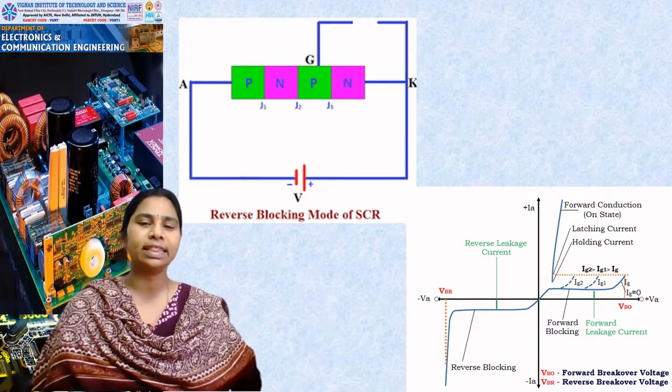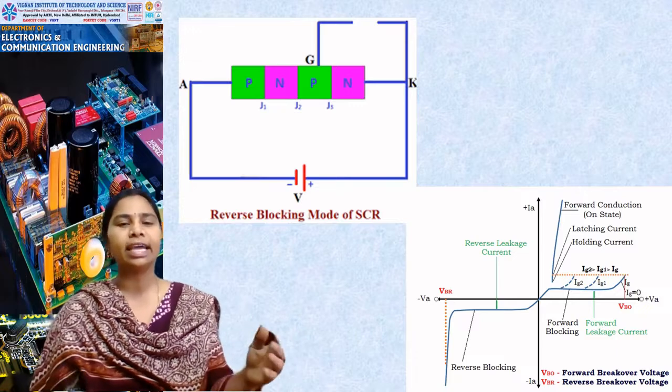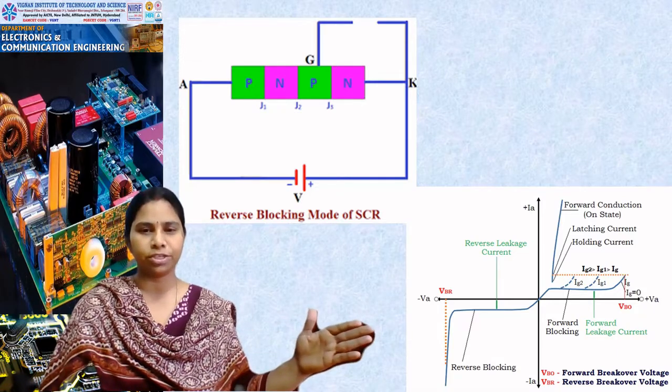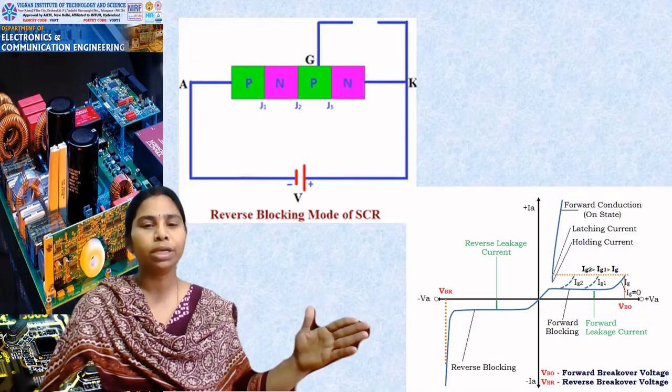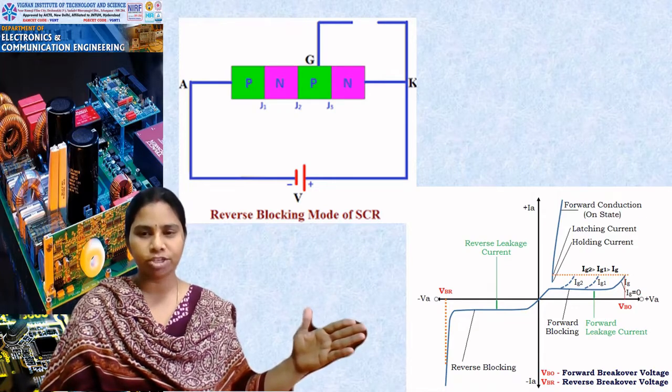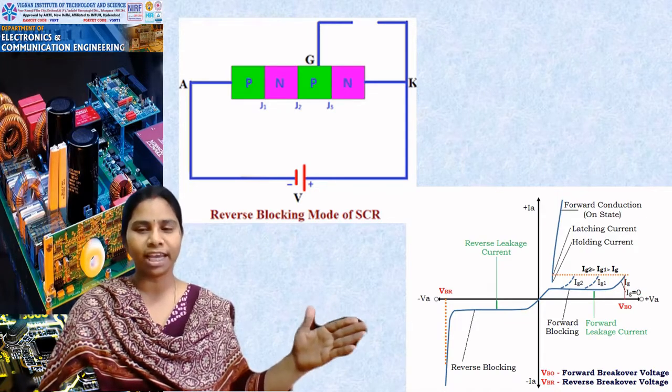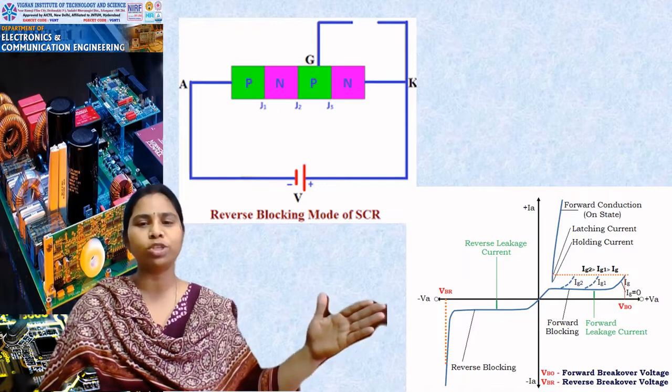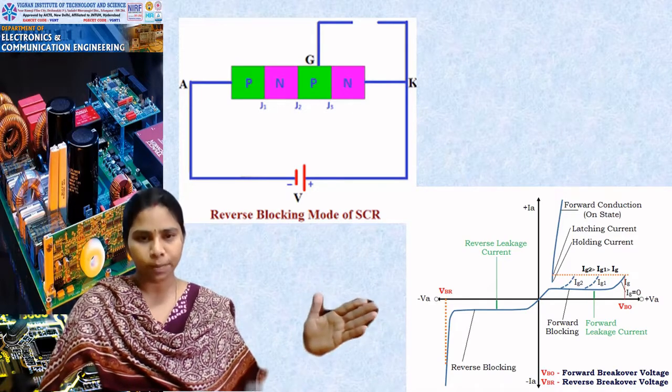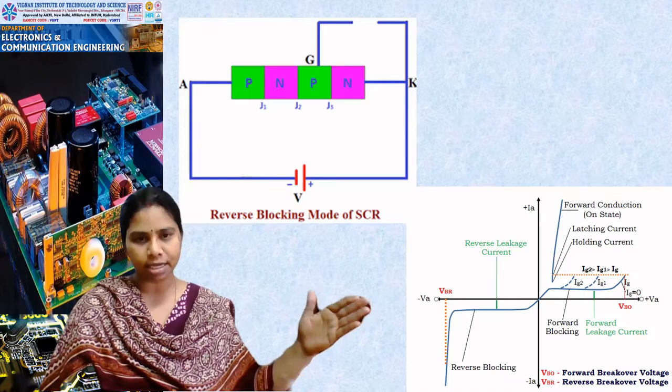So as you see in the characteristics picture, a very minute current is flowing through the device initially, from 0 volts to -1 volt, -2 volts, -3 volts. So you are continuously applying it, and because of that, you are able to see very little current through it.